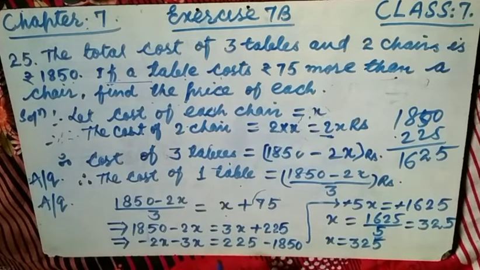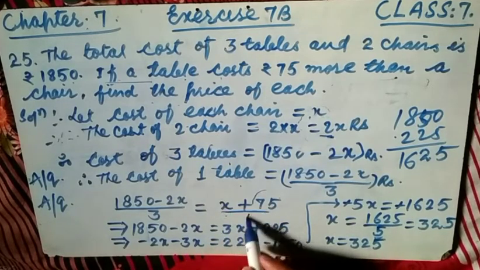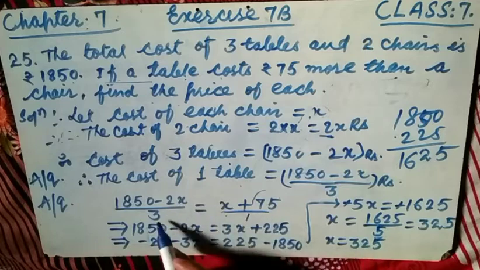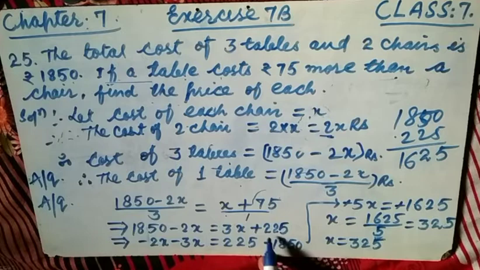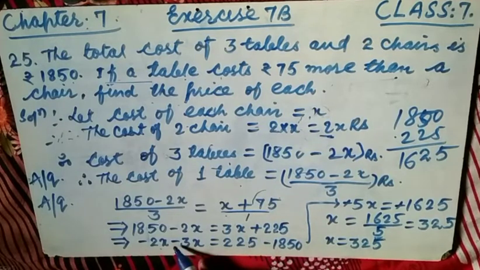Now after cross multiplication, this is multiplied by 1 as it is, and this 3 is multiplied by X and by 75, becomes 3X and 225. Now minus 2X is as it is. We will take this 3X towards the left hand side, negative. This is minus 3X, and this is 225 as it is.